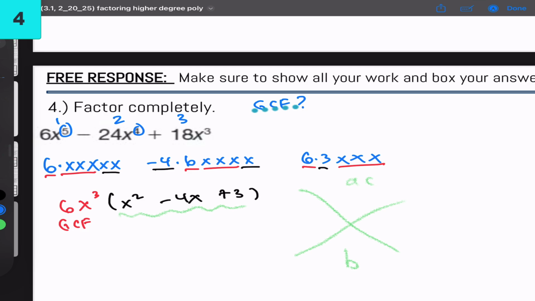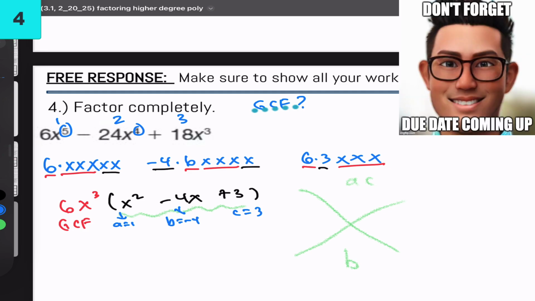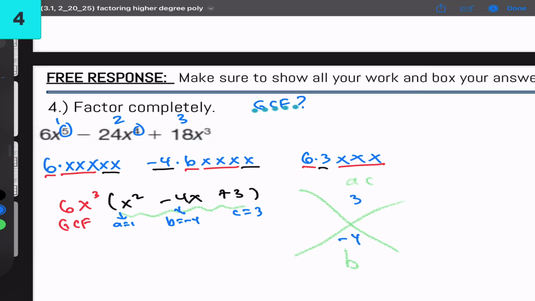A is 1, B is negative 4, and my c value is 3. So a times c is 3. B value is negative 4. My two numbers are going to be 3 and 1. But in order to be multiplied, I think they'll both be negative, because negative 3 times negative 1 is positive 3, and negative 3 plus negative 1 is negative 4.